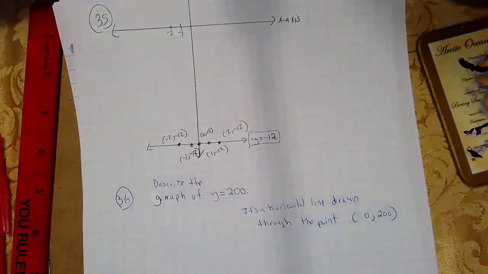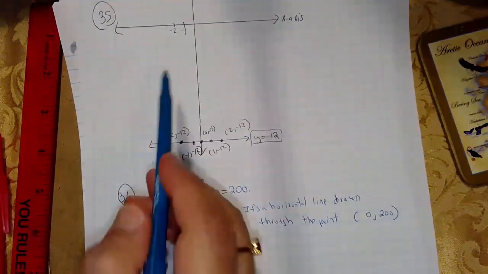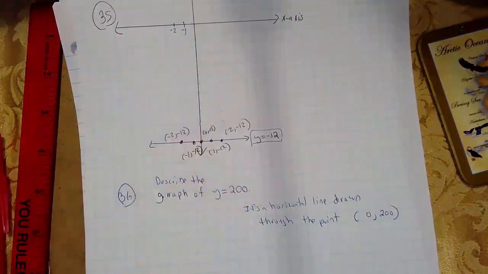So imagine going from 0 all the way up to 200, and through that point you would draw a horizontal line.